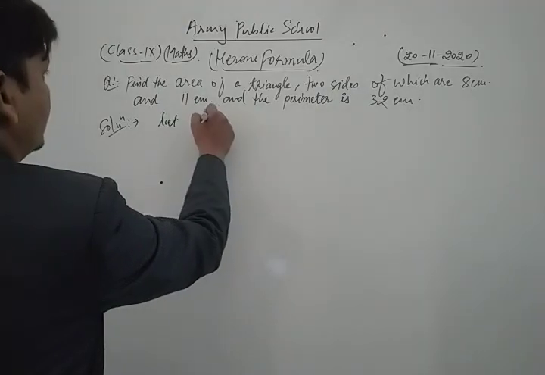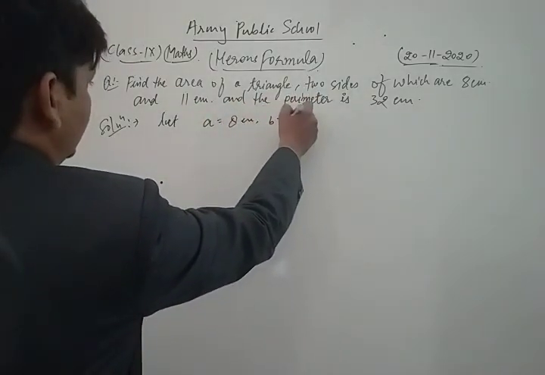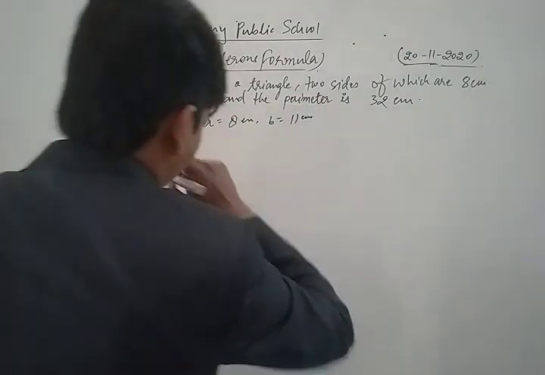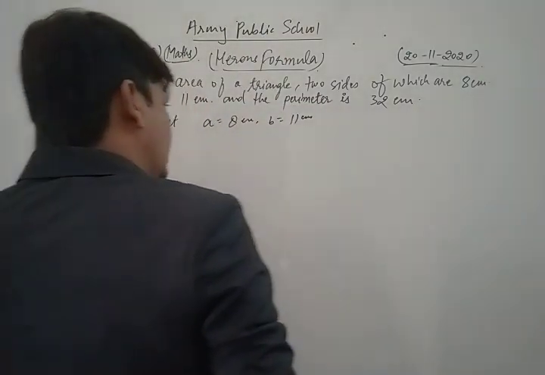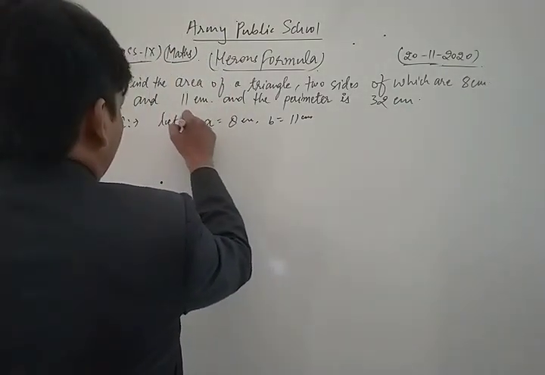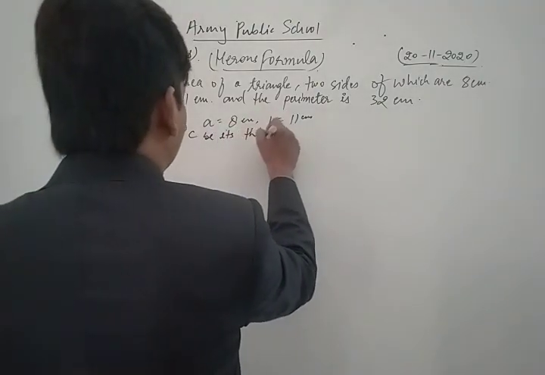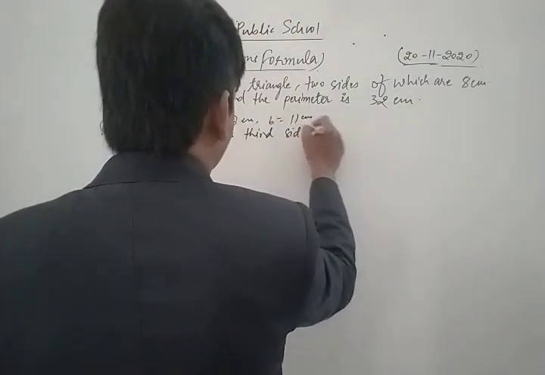Let one side A be 8 centimeter, second side B is equal to 11 centimeter, and let C be the third side.